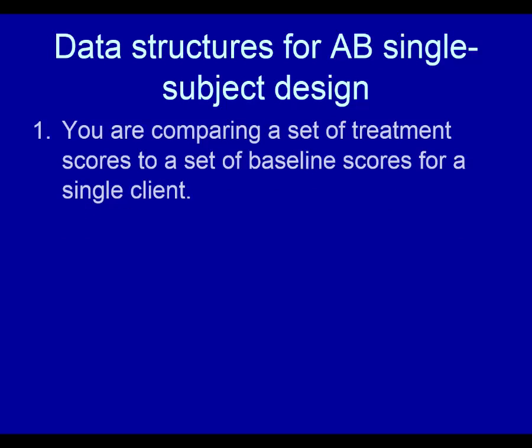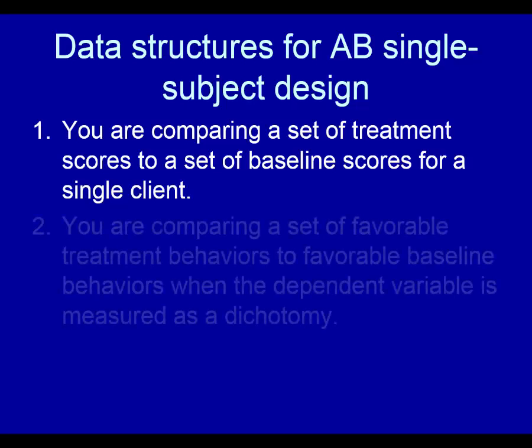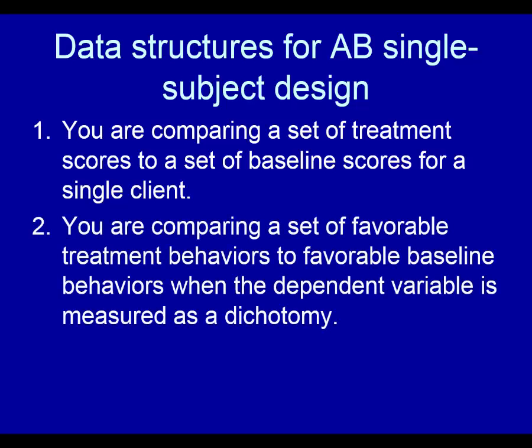Data structures for A/B single subject design. Number one, you're comparing a set of treatment scores to a set of baseline scores for a single client. That means you have several treatment scores for this one client, and you have several baseline scores for this one client. Number two, you're comparing a set of favorable treatment behaviors to favorable baseline behaviors when the dependent variable is measured as a dichotomy, improved or not improved.